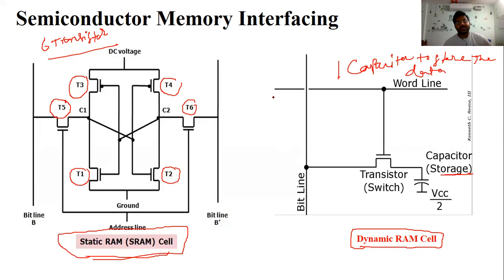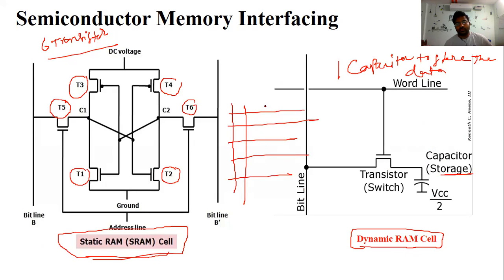What is a cell? You know that our entire memory is divided into rows and columns. For suppose you are given the address location, for suppose the 33rd address location: third row, then third column.